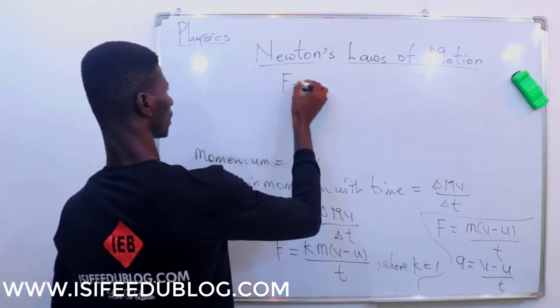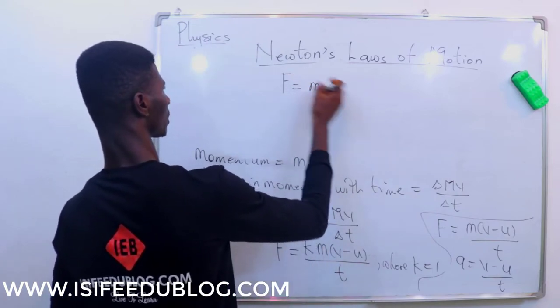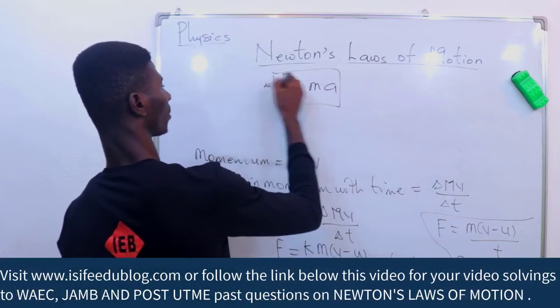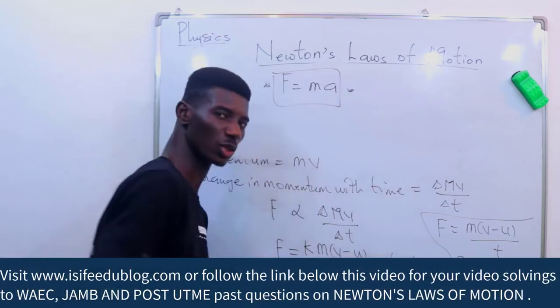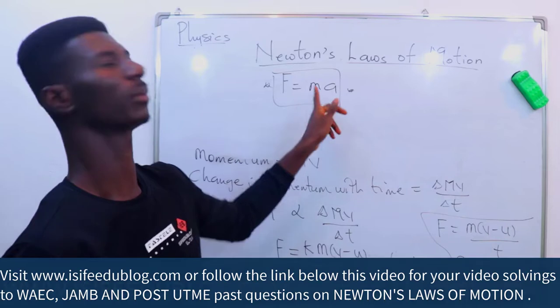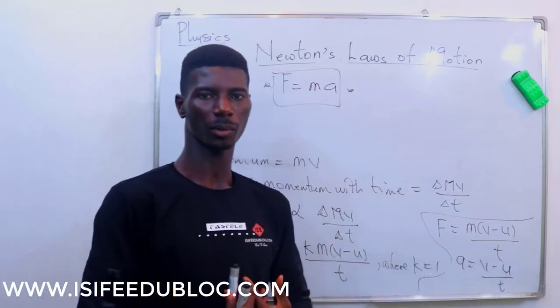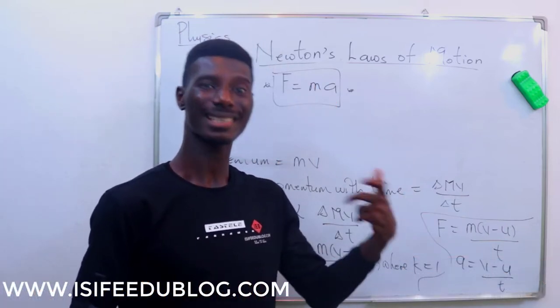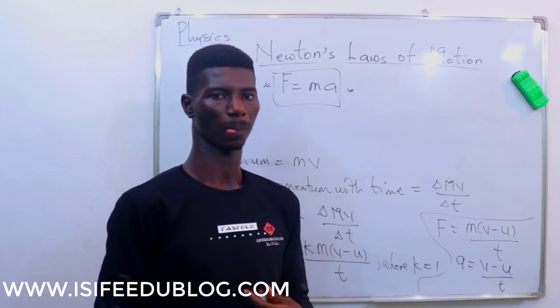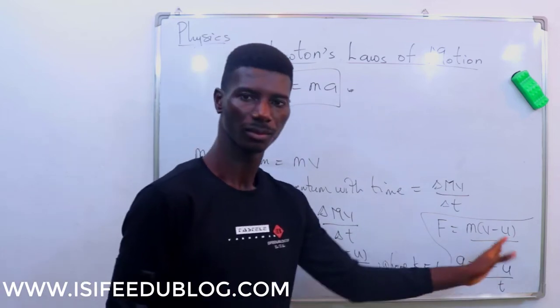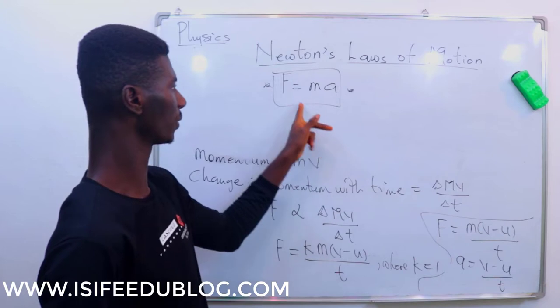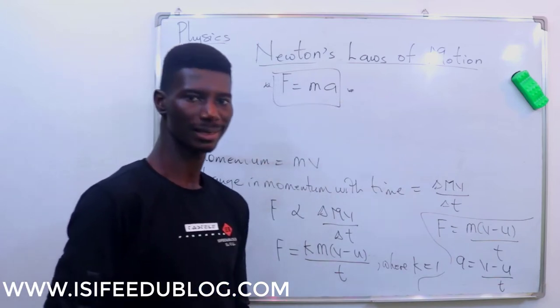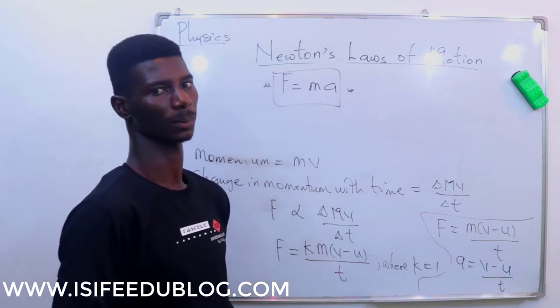Therefore, force is equal to mass times what? Acceleration. So this is where the formula, mass times acceleration, is coming from. It is coming from Newton's second law, as we have seen. It is well proved that force is equal to mass times acceleration.